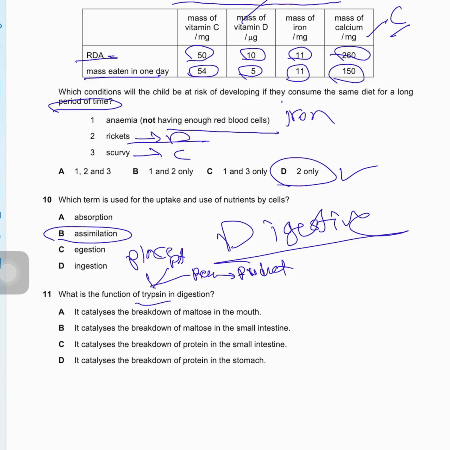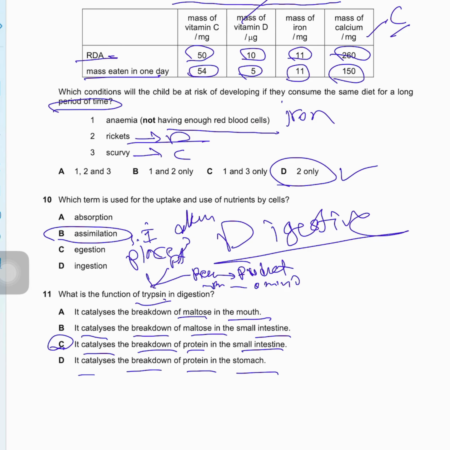So trypsin catalyzes the breakdown of maltose in the mouth, the breakdown of maltose in the small intestine, the breakdown of protein in the small intestine, or the breakdown of protein in the stomach. So the answer is C. It breaks down protein into amino acids, and the place is the small intestine.